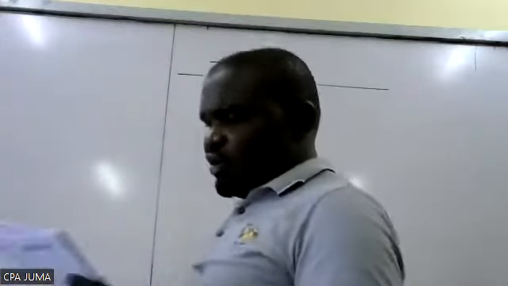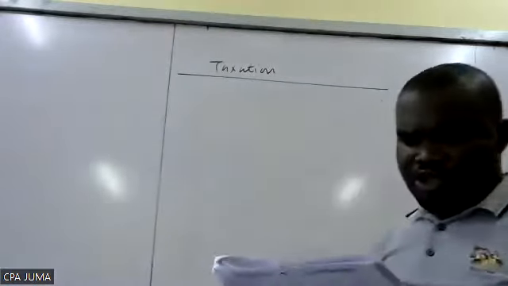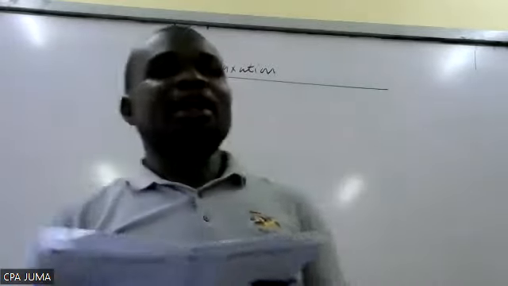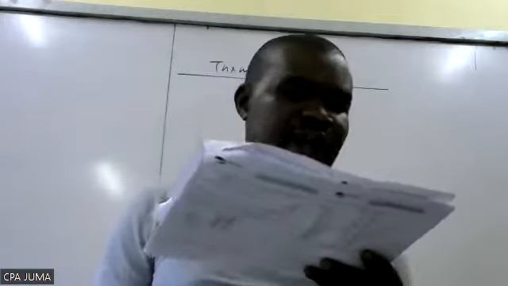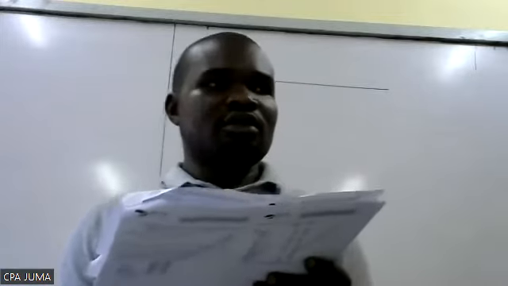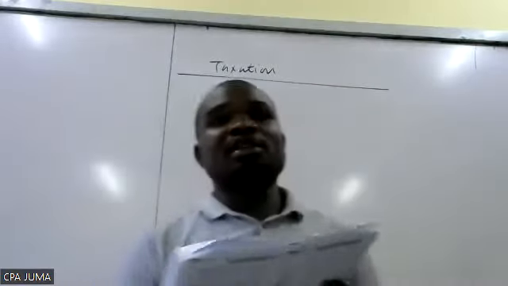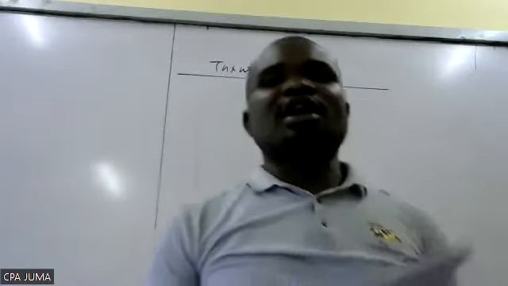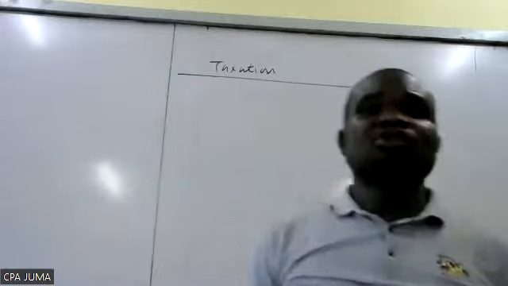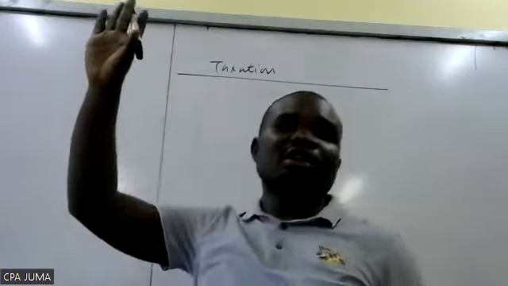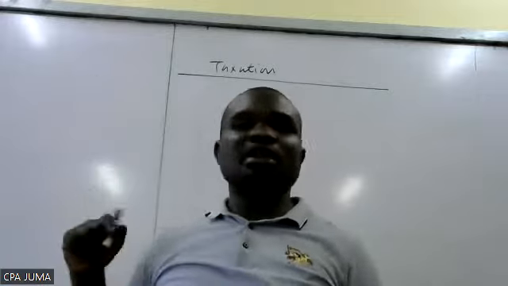So tax paid. Check non-current liabilities. Under non-current liabilities, are you seeing deferred tax? Under current liabilities, are you seeing current tax? Yes. So what you do, we want to know how much was the tax obligation at the beginning.